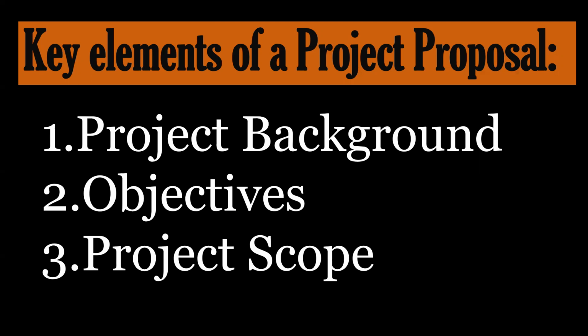Objectives are the intended outcomes of this project. Project scope covers the steps or stages of the project and the elements included in it, and how the objectives will be reached through this project. A project proposal should set expectations, detail budget and timeline, and set the expectations for what the project would look like.